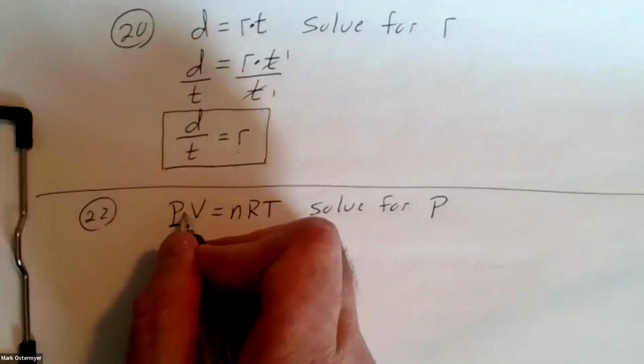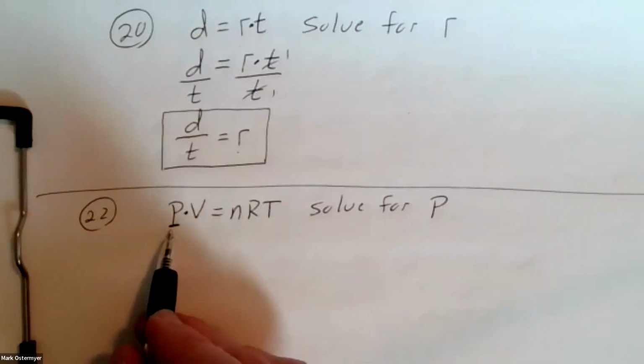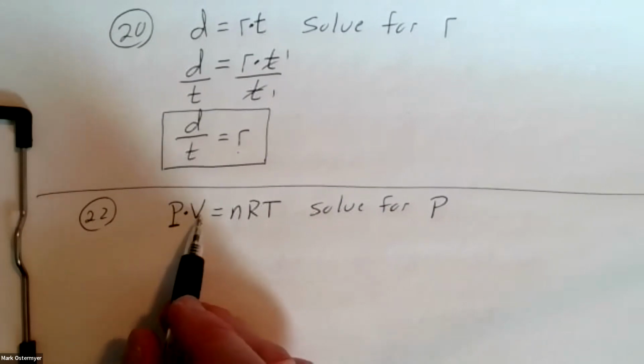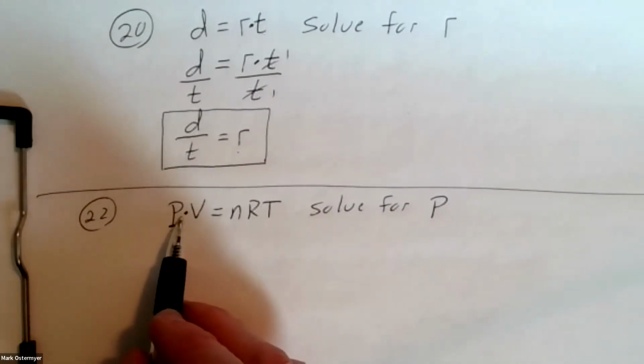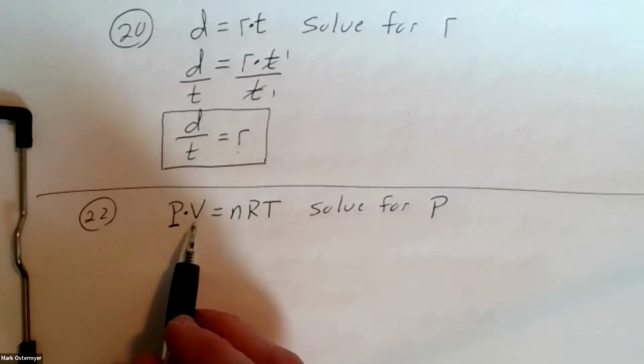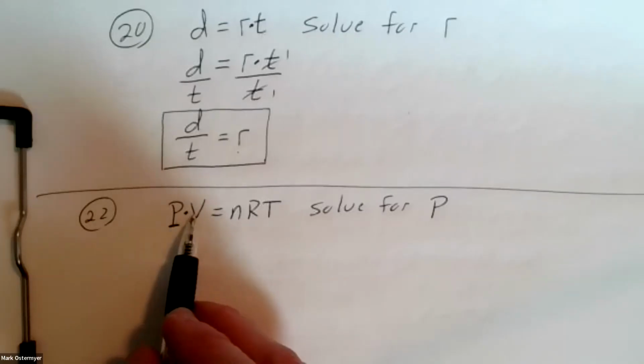To solve for P, we need to get P by itself. To get P by itself, we need to understand a relationship that exists between P and V, which is multiplication. What's the inverse of multiplication? What makes my V go away? To get P by itself, I got to divide both sides of the equation or the formula by V, the thing I want to get rid of.